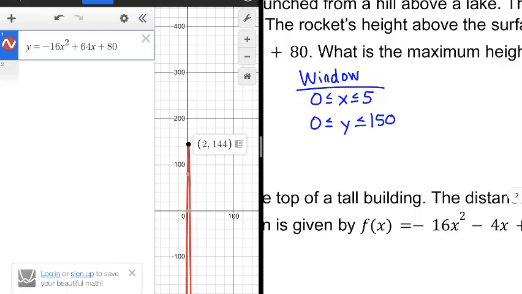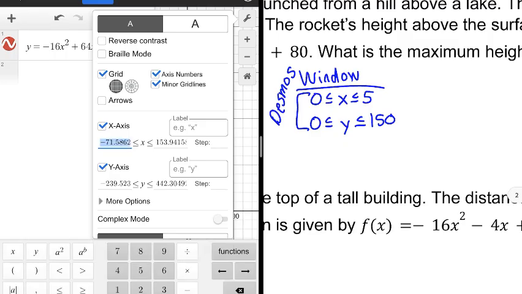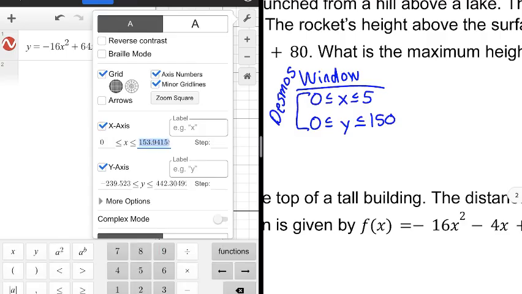So let me show you how we're going to input this on Desmos. You see the wrench up at the top on Desmos? That allows us to adjust the window without just zooming in and out. So I'm going to put this into Desmos. So if you just click it, it'll highlight the whole thing and just put a 0 over the top. Then just click the other number. And we're going to put 5 there.